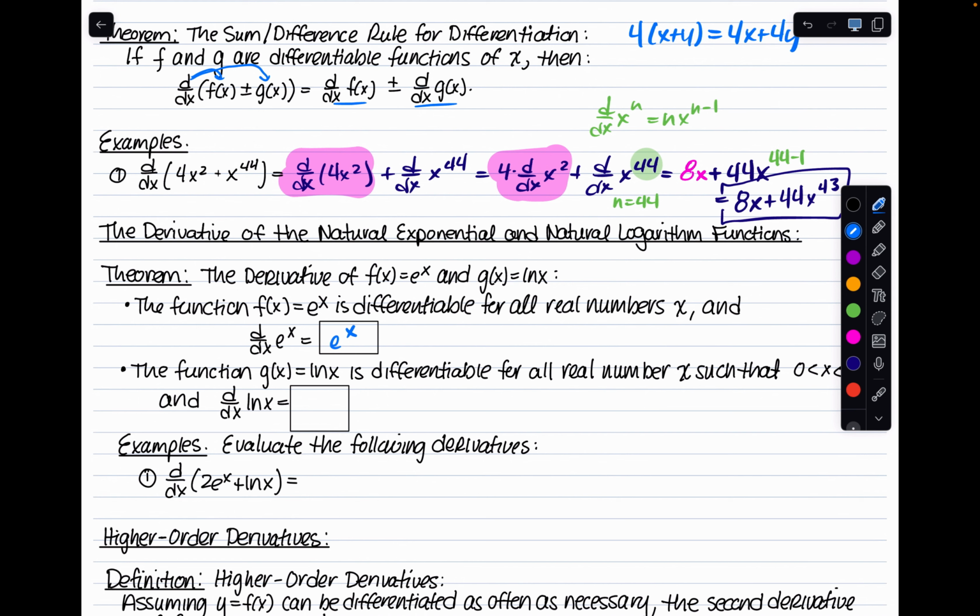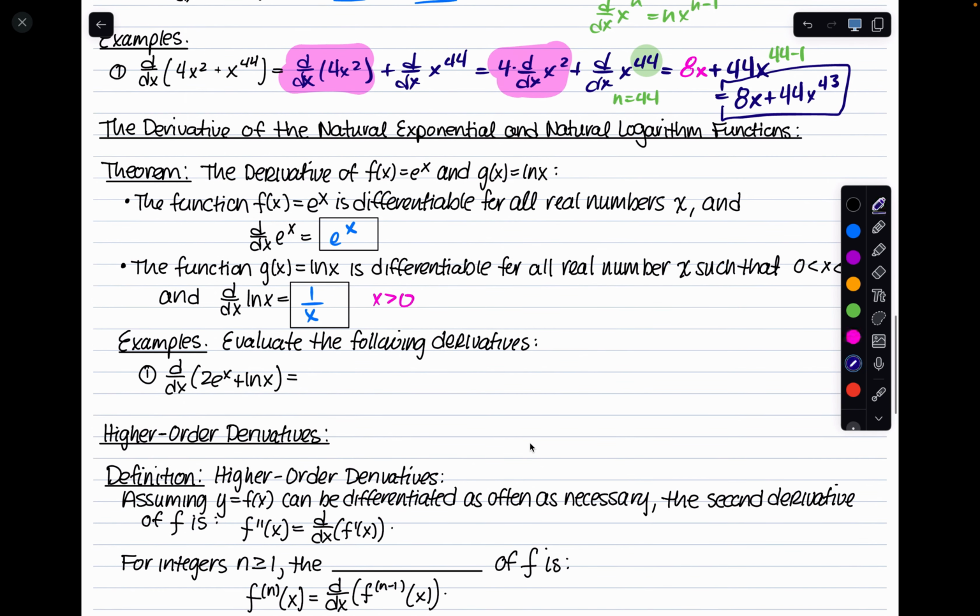We like to say the base e exponential has itself as its derivative. The natural log function, which is, remember, the inverse of the base e exponential, has as its derivative the function 1 over x. And remember, for the natural log function, it is implied that x is bigger than 0.